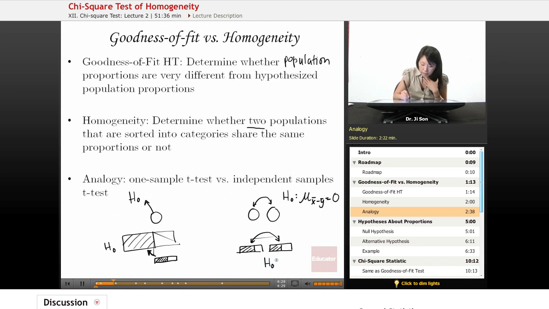So our null hypothesis is similar proportions. All right. And in that way, I hope you can see that goodness of fit and homogeneity are ideas that we've looked at before, comparing one sample to a hypothesized population or comparing two samples to each other. But we've looked at it before not with proportions, but with means. And now we're looking at it with proportions.